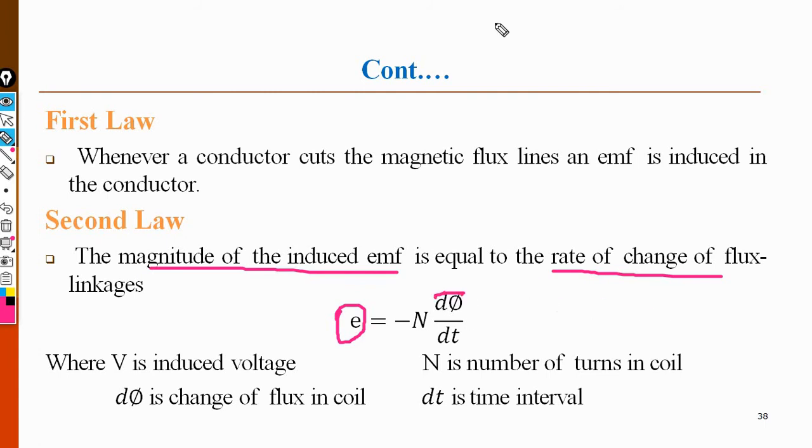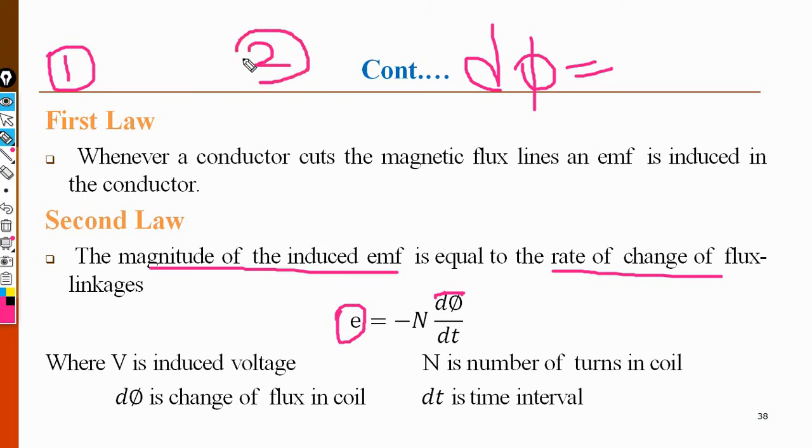For example, we have considered two circuits. This is the first circuit, and this is the second circuit. The flux linkage for the second circuit is phi 2, and the flux linkage for the first circuit is phi 1.